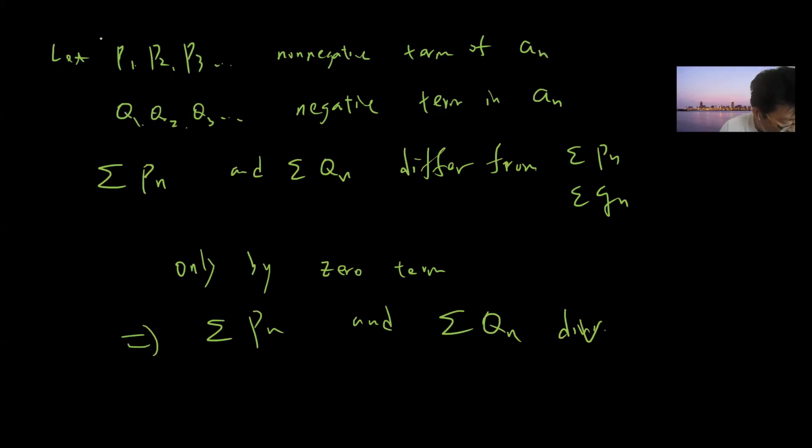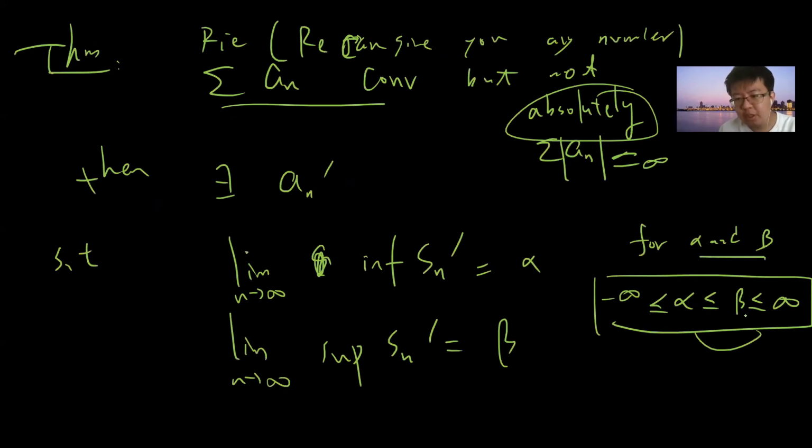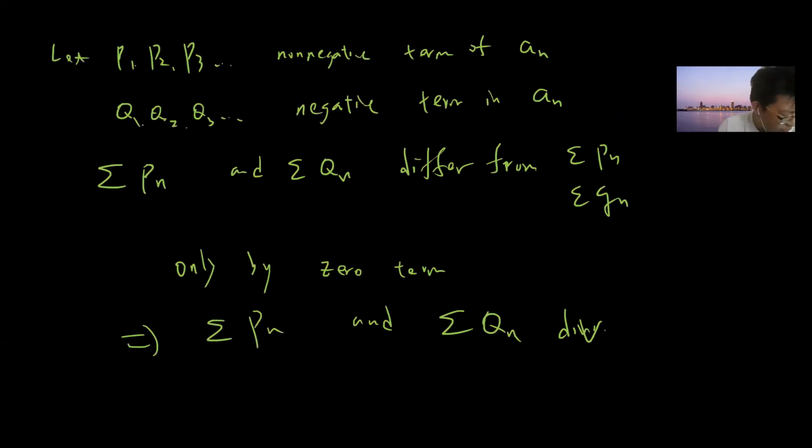Okay, so now we hope to construct a rearrangement such that, given any alpha and beta, the limit inferior is alpha and the limit superior is beta. Yeah, this is probably the most difficult proof.